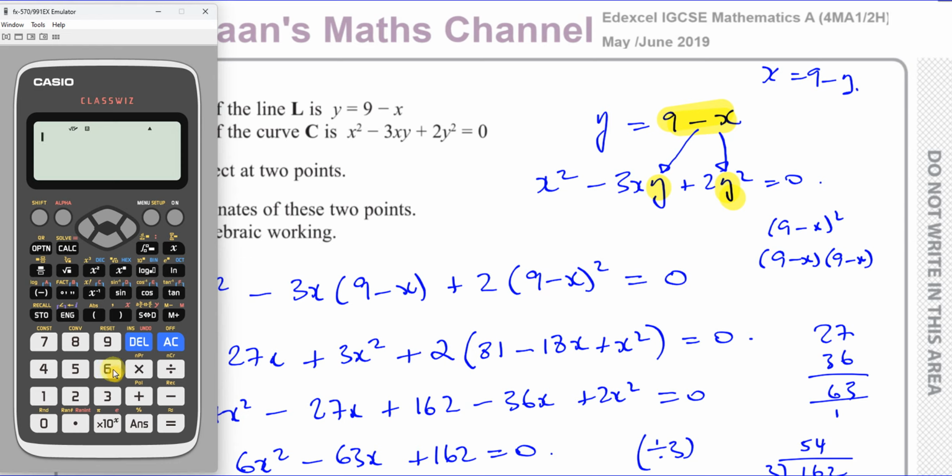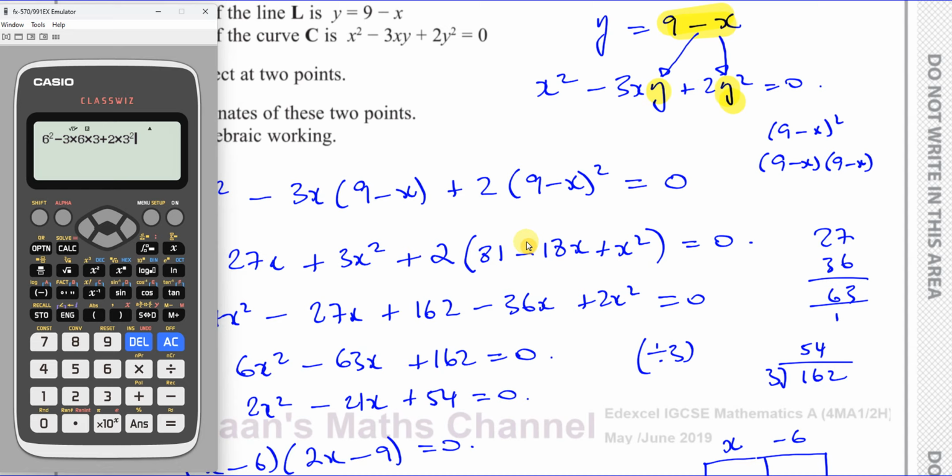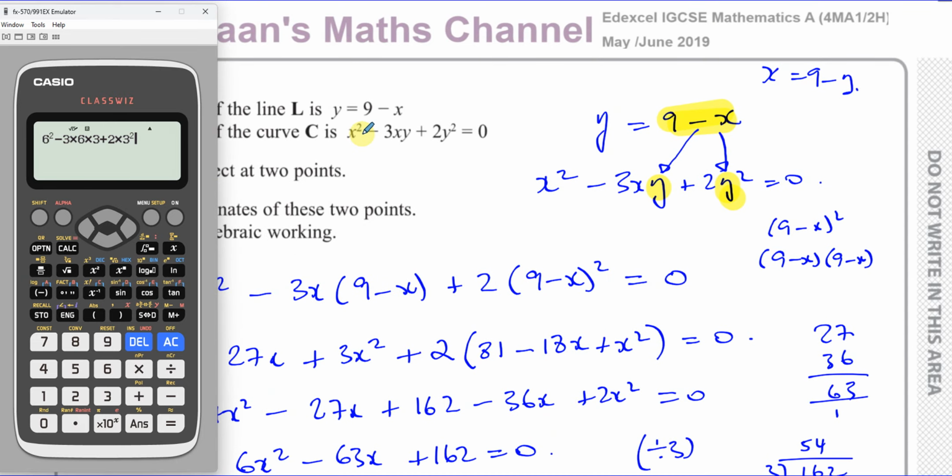So 6 squared minus 3 times 6 times 3 plus 2 times 3 squared, sorry, because y is 3. x was 6 and y is 3, that's right. And that should give us our answer of 0. That should equal 0, and it does.